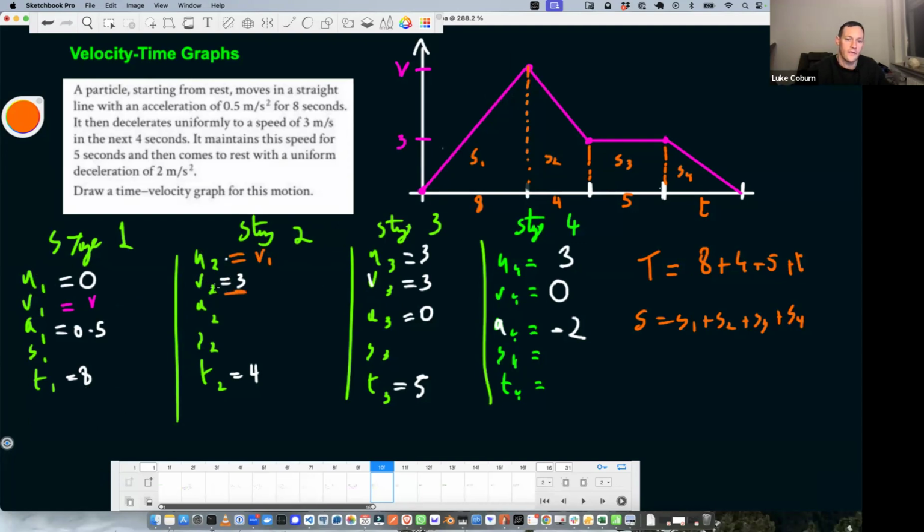And this is V2, so U3 is equal to V2, which is just 3. And this is V3, so U4 is equal to V3. So you can see there's a connection between these different sections, okay? That's going to be really crucial. You're not going to be given that. You have to know how to do that, okay? That's all you have to do from this question, just make the velocity time graph. But it is very important to be able to do that, okay?